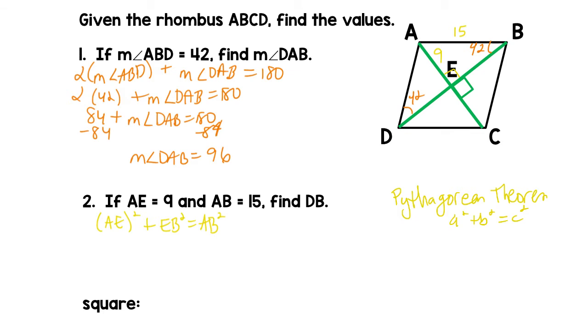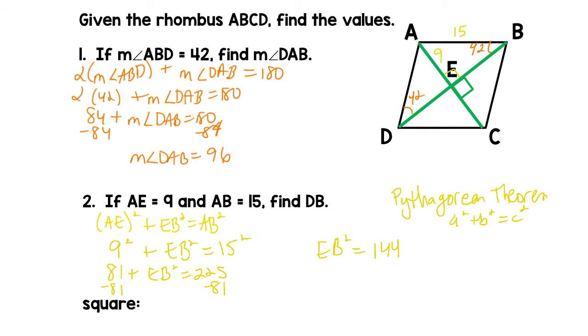We know AE is 9, so 9 squared plus EB squared will give us 15 squared. 9 squared is 81 plus EB squared equals 15 squared, which is 225. Subtract 81 from each side, and we get EB squared equals 144.